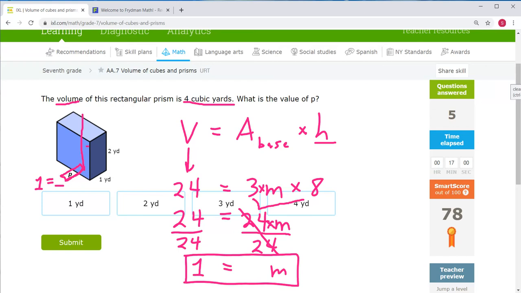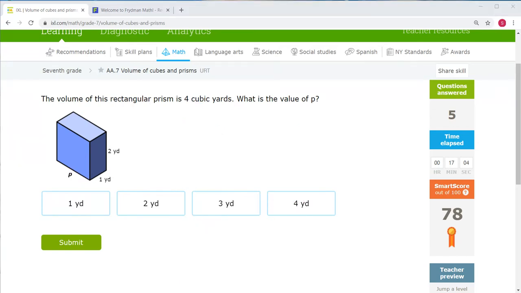Okay, this problem is exactly the same as the last one. So I'm going to go ahead and jump to the next level. This one is actually easy enough to do in your head, really, because if you see that the volume is 4, then you can ask yourself, 2 times 1 times what equals 4?